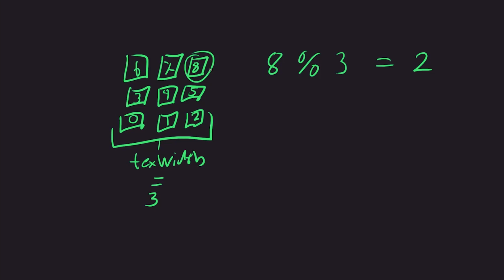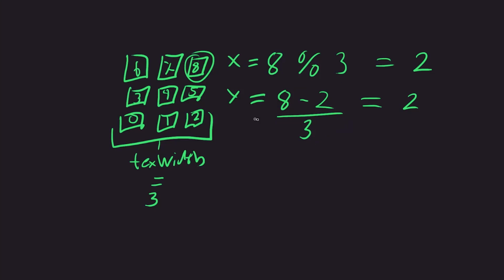Now let's look at how we get the y coordinate. So we say y is equal to 8 minus our x coordinate, which is 2, and this is going to be divided by the textWidth, which is 3, and this should give us 2. So why does this work?